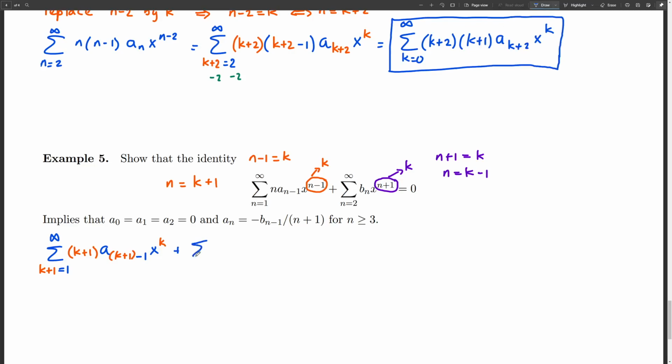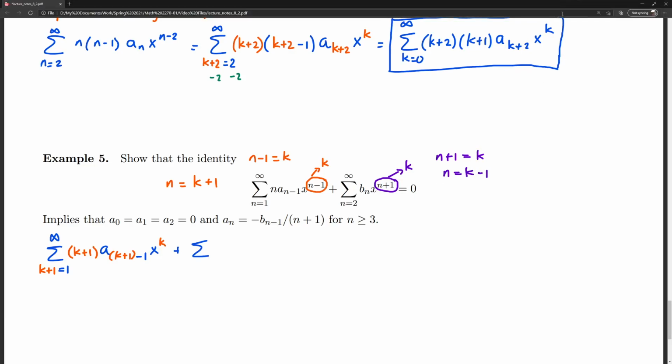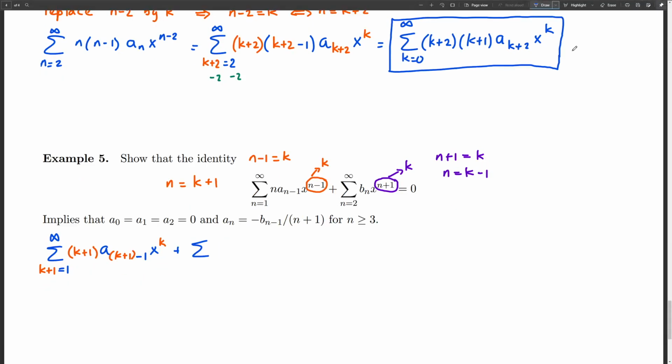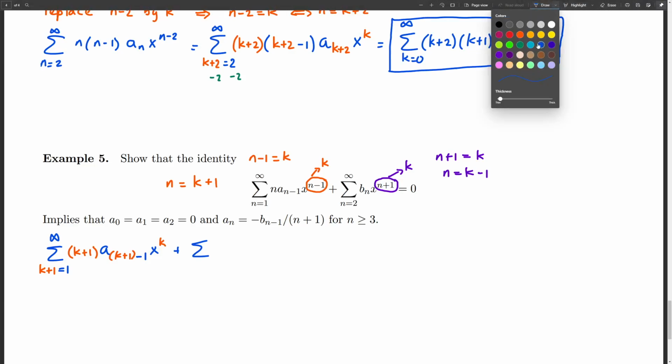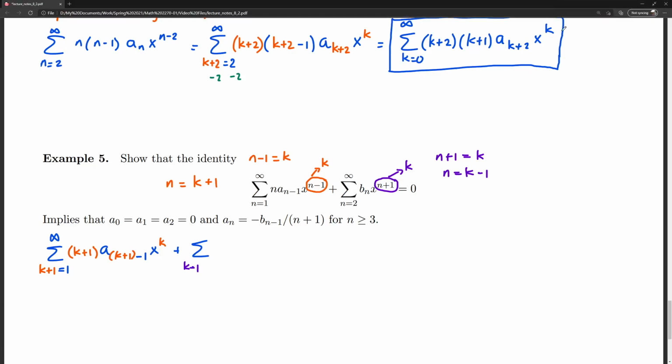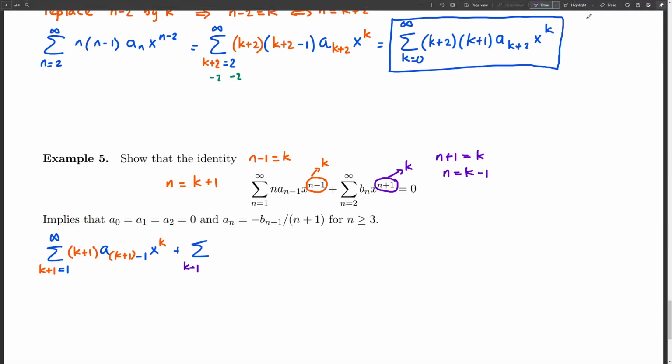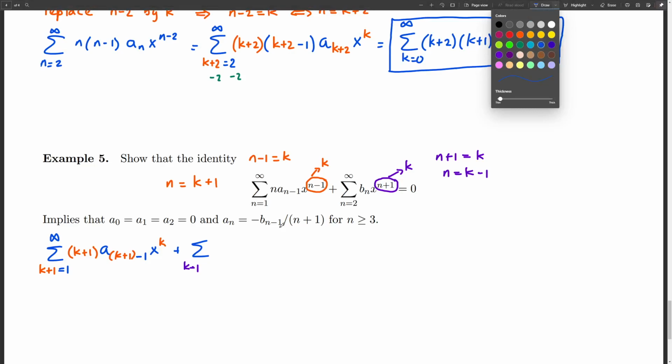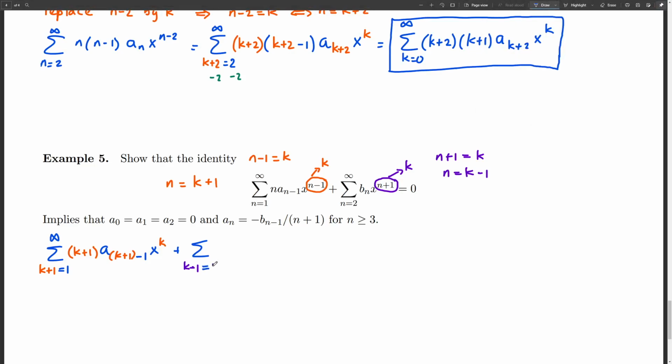And then for the second summation, it's the sum from n equals 2, but n here is k minus 1. So what we get there is k minus 1 equals one to infinity, and then b sub n.